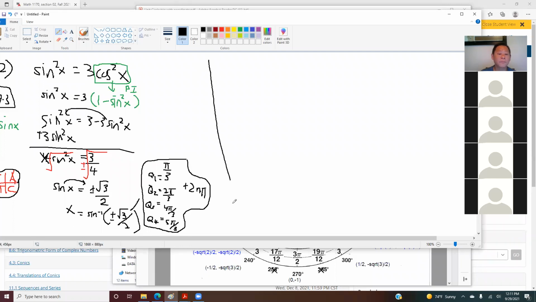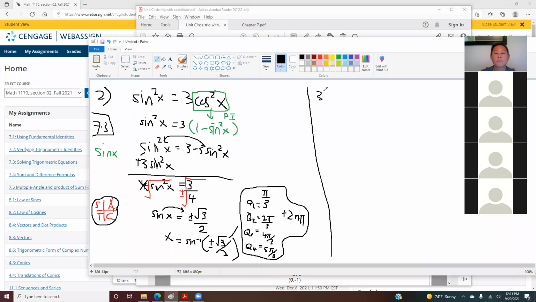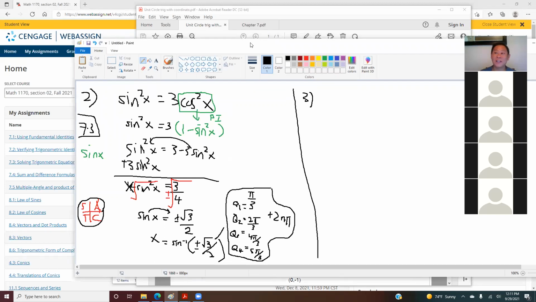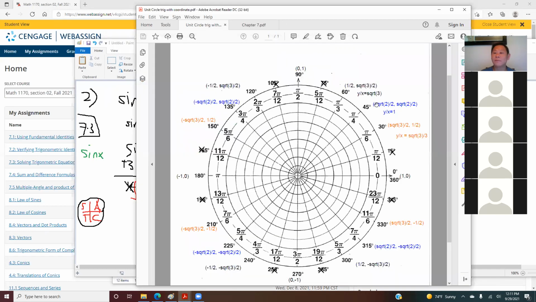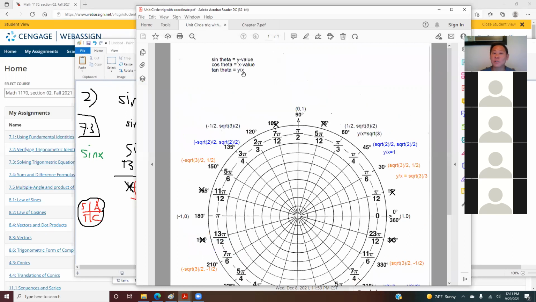I have a question. On the test, when you give us the unit circle, can we write the coordinates on our own? Yes, that's what you do, Sundus. That's what you have to do. So when I give you the unit circle, the first thing to do is just write the whole thing. Make sure you write the coordinates, and make sure you know sine is y, cosine is x, tangent is y over x.